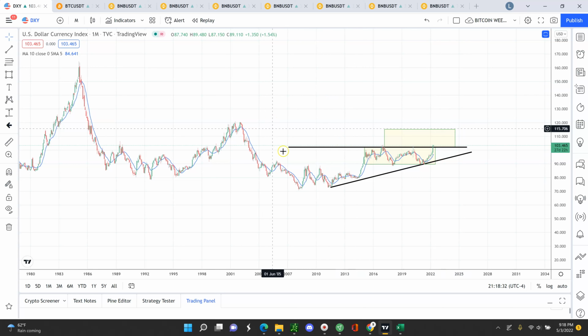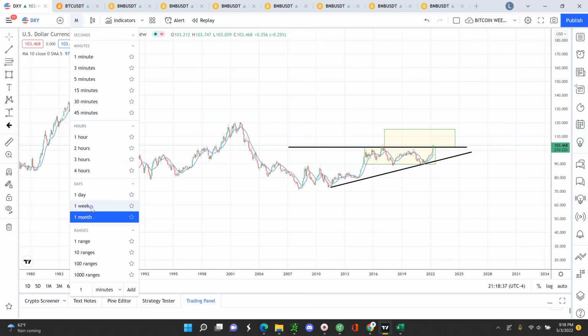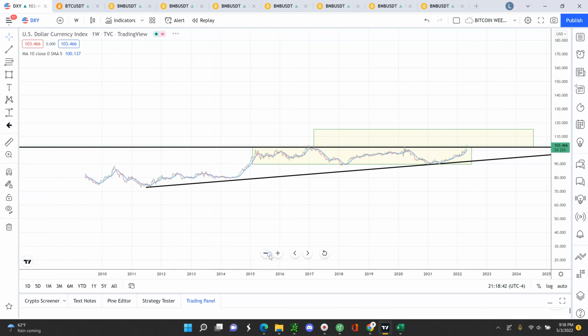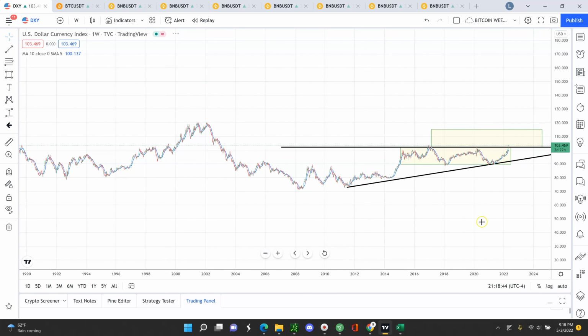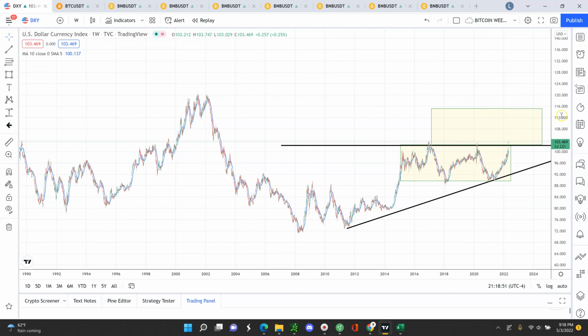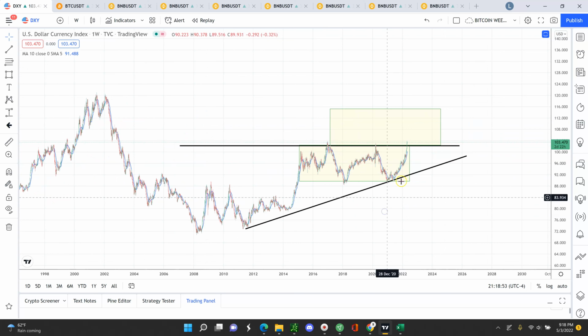Let's take a look at the weekly chart. All right, so the weekly chart is looking much the same as the monthly chart. We have the possibility of a little cup and handle breakout type situation here on the weekly chart, which would have this price going shorter term.